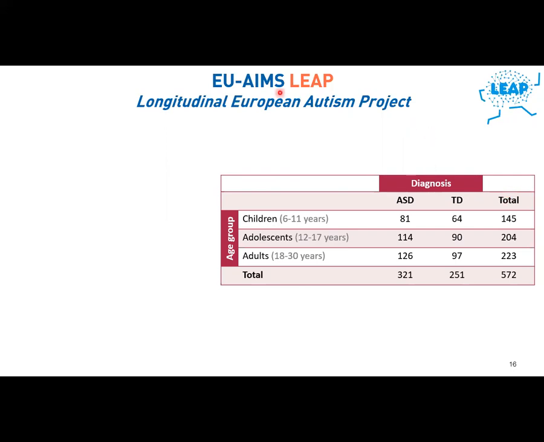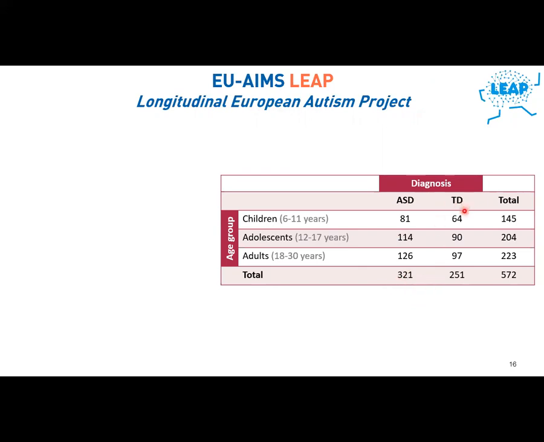So here, this is the baseline cohort, the first time testing of all of the people. This is the LEAP project, the Longitudinal European Autism Project. The sample size is pretty impressive. For the ASD group across Europe, 321 participants are recruited.